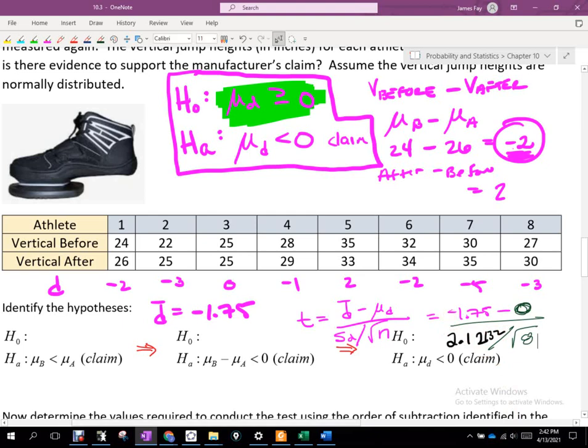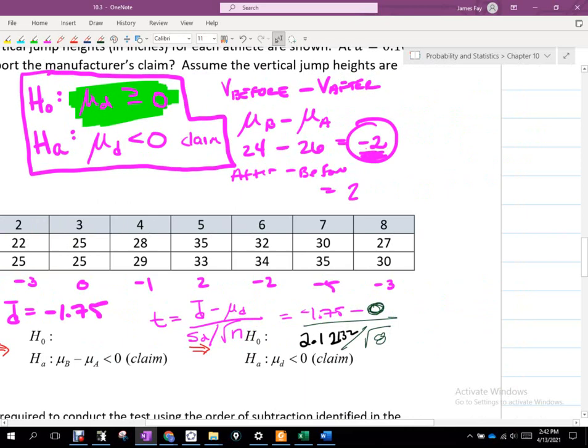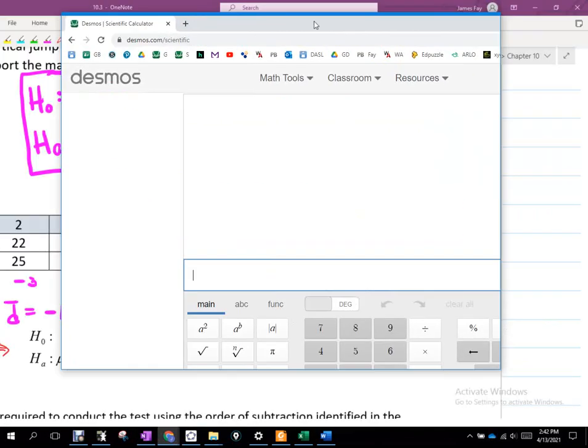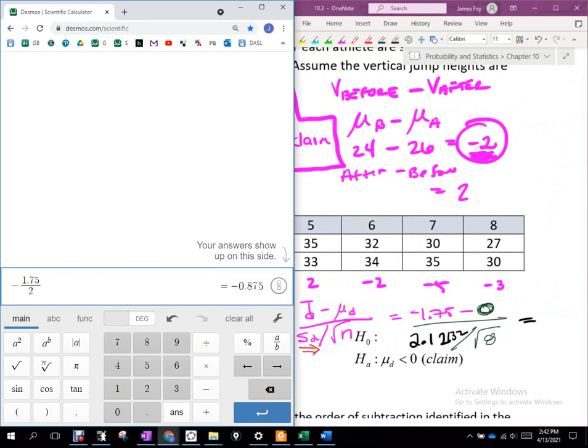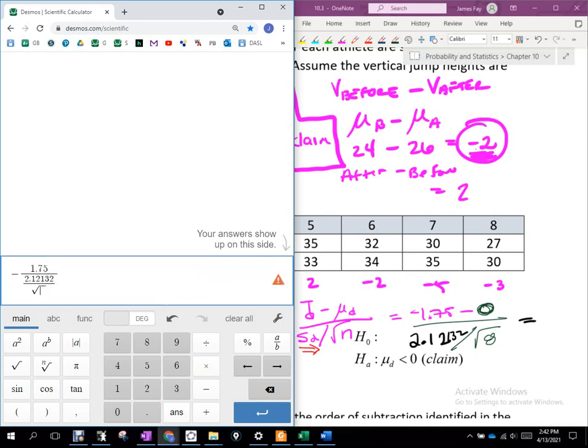Okay. So now we're going to run that through and figure out what that calculates to be. We're going -1.75 divided by 2.1213 divided by square root of 8 and -2.3 repeating.